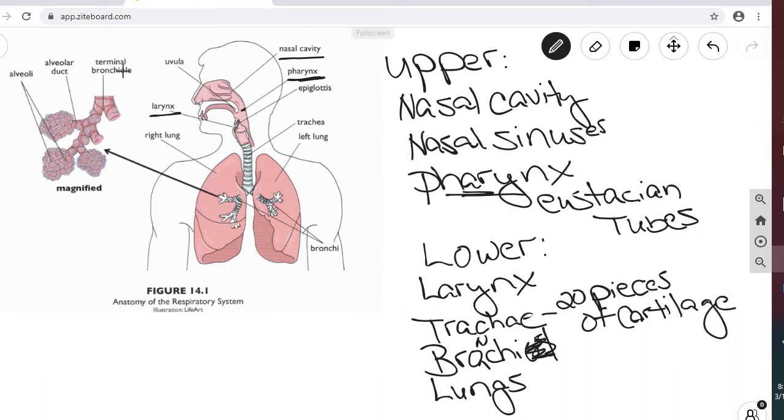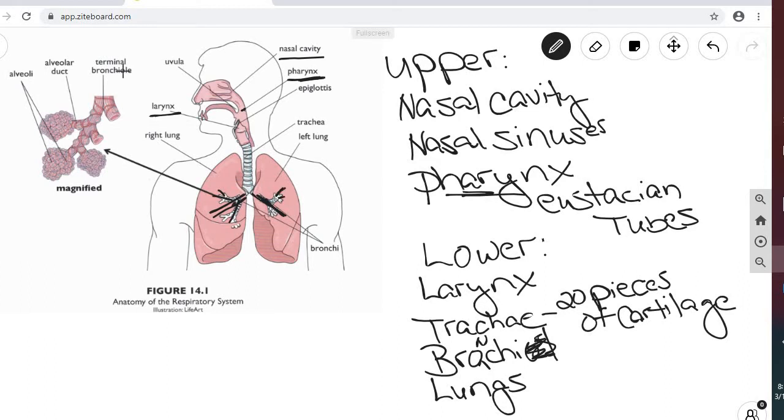And then the trachea divides into the left and right bronchi. So this would be the right, this would be the left.